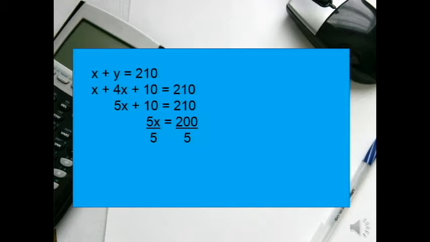To solve the problem, first substitute the value of y in the equation. x plus y equals 210. x plus 4x plus 10 equals 210. x plus 4x is 5x. Then copy plus 10 equals 210. Subtract both sides by 10 to get 5x equals 200. Then divide both sides by 5 in order to get the value of x. So x is 40.